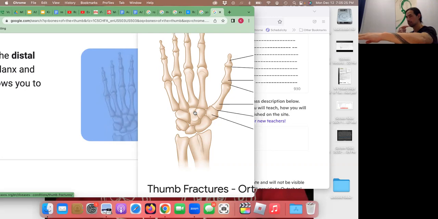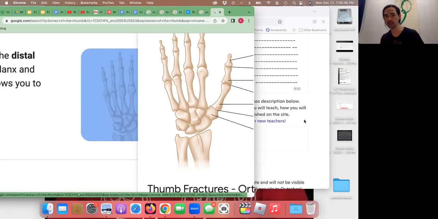They're toward the center of the body. And are the knuckles proximal or distal relative to the wrist? They're distal. They're distal to the wrist. That's right. Would anyone else like to have a go at proximal and distal?